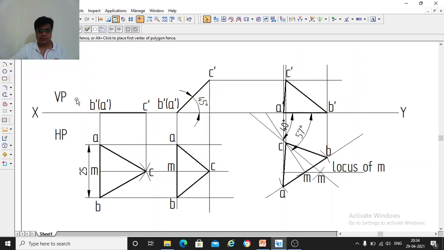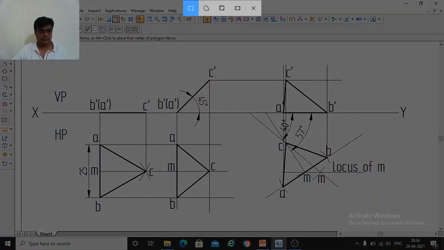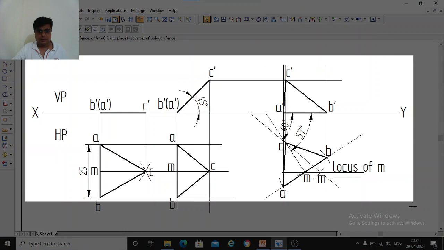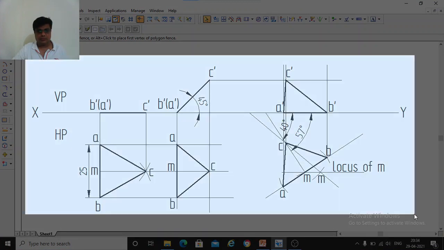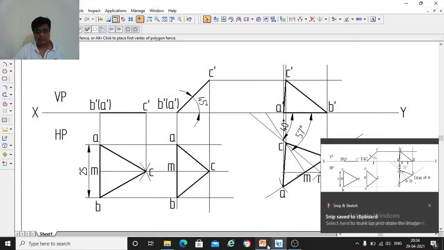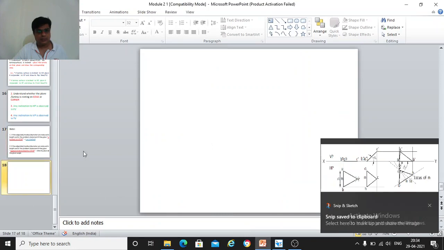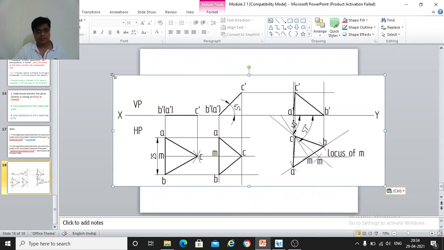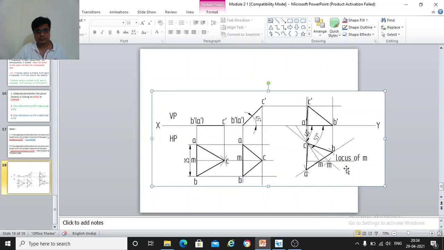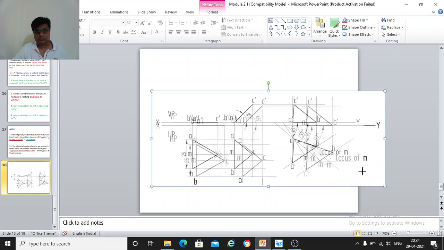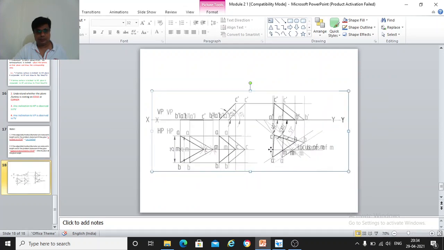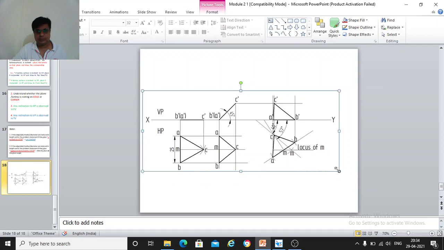So this you have to practice. Once you practice, it will be easy for you to draw and to solve the problems. Anyway, I'll keep it here for our reference.